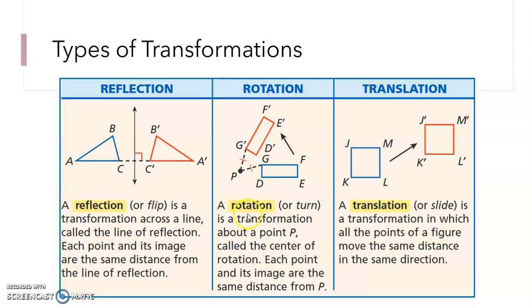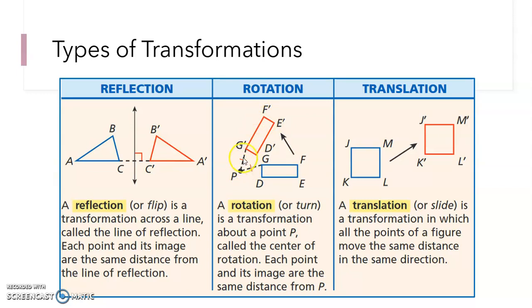A rotation is a turn around a point, and that point is known as the center of rotation. So you'll notice the blue rectangle is my original rectangle, and I have taken it and turned it up to here where the red rectangle is.